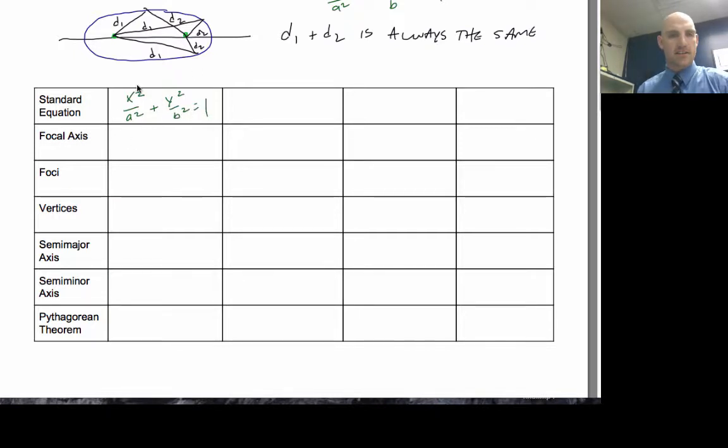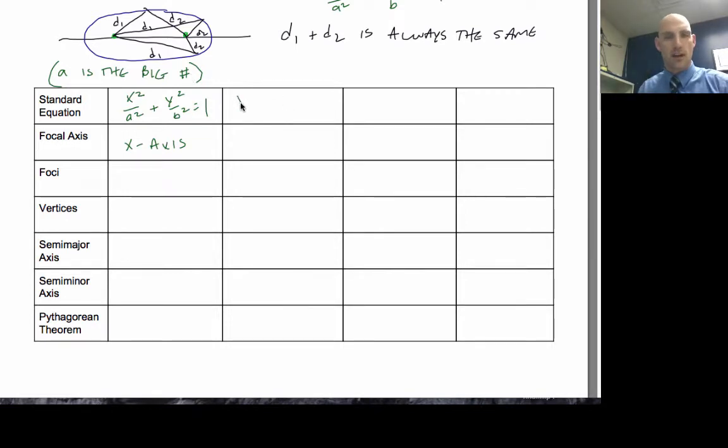And the focal axis, A is the big number. Okay, so notice, A is underneath x squared here, so my focal axis is my x-axis. What's the alternative?